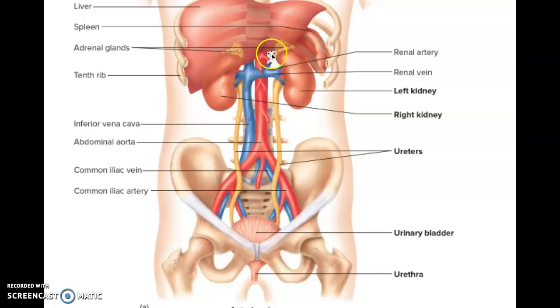They are located laterally to the abdominal aorta. Actually, the renal artery is a direct branch from the abdominal aorta. They are in relationship as well with the inferior vena cava, lying lateral to it, and the renal veins are draining directly into the inferior vena cava.